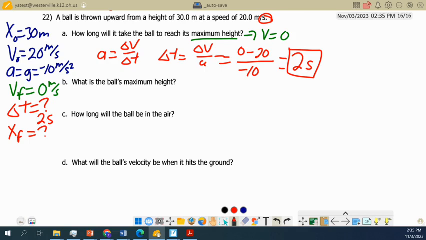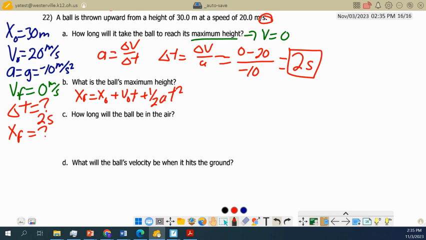We've got an x0, a v0, an a, a vf, and now we also know delta t. So we can use our equation on the bottom left. We have all that information here. xf is equal to x0 plus v0t plus 1/2 at squared.